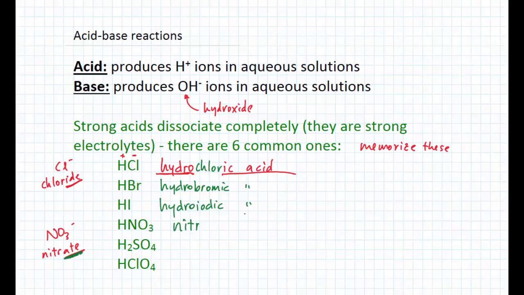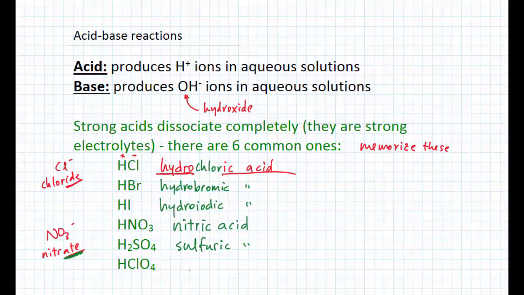The ates make an ic ending. So this is nitric acid. H2SO4. That's sulfuric. HClO4.